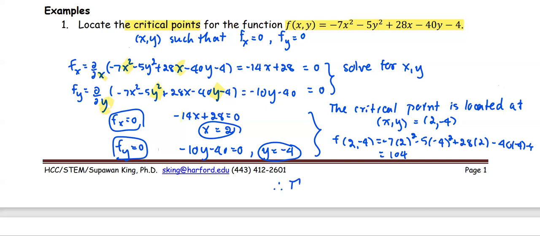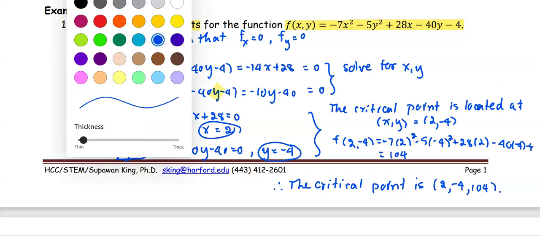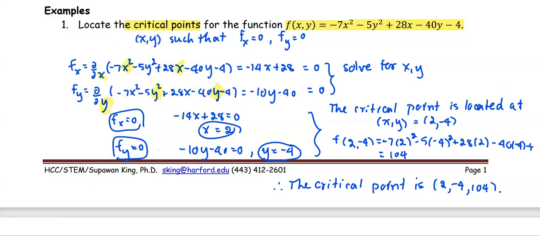That means the critical point on the surface is the coordinate (2, negative 4, 104). I'm going to use different colors to highlight this. So this is the x, this is the y, and this is the function at (x, y).